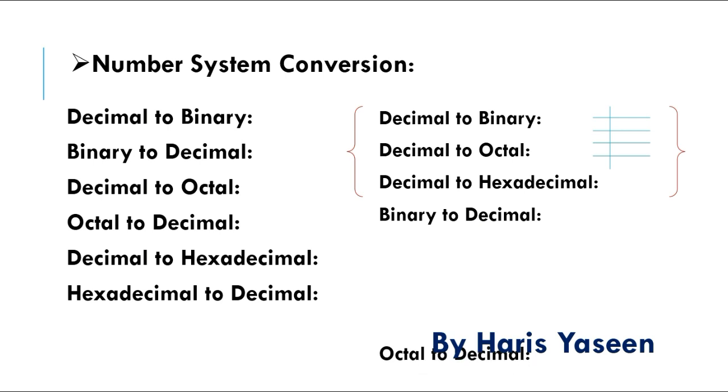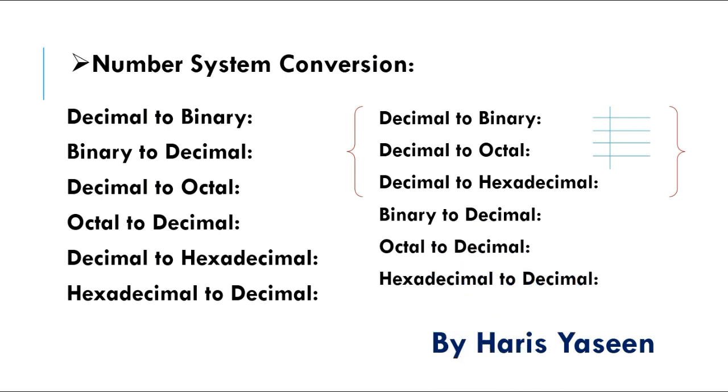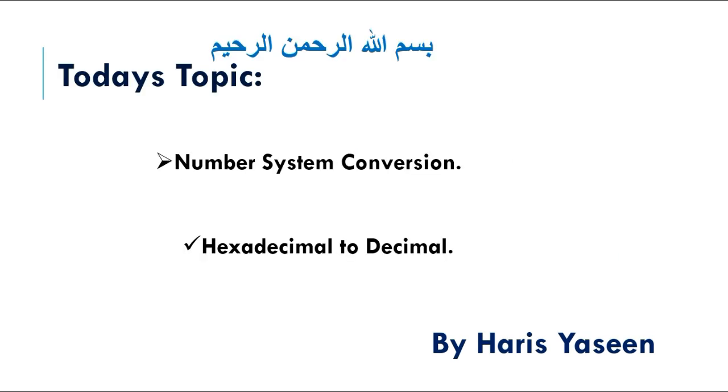The binary to decimal, octal to decimal, and hexadecimal to decimal. In this case, we do multiplication because the decimal is at the end of these conversion system types. And the video has been directed in such a way that it will make it easier for you to understand hexadecimal to decimal and decimal to hexadecimal conversion system.